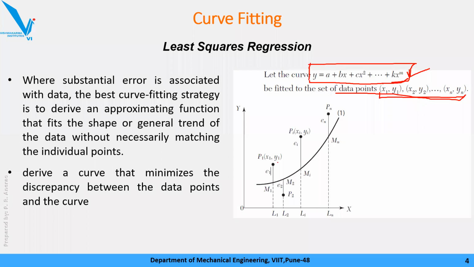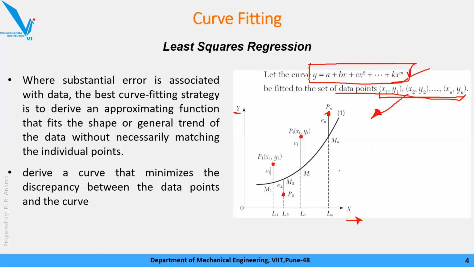Okay, so if you look at the graph, this x is your input parameter, y output parameter, and this data is plotted. उसके लिए क्या किया हमने, एक ग्राफ बना लिया. If you look at the graph, this p1, p2, pi and pn, these points are the actual points which we obtained from the analysis, or we obtained from the experiment.